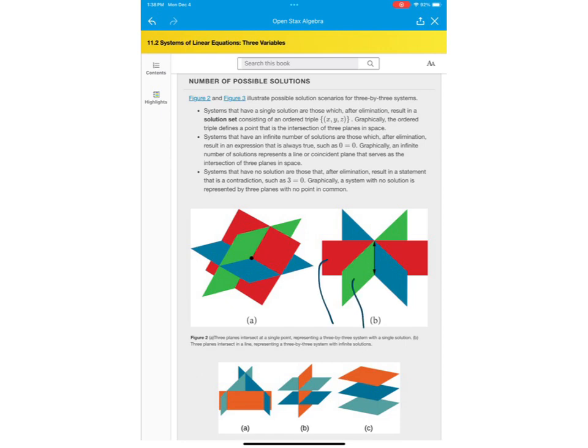If your planes never intersect, that's going to look more like option C down here. If only 2 of the planes intersect, that's going to look like option B. And if 2 of them intersect together and the other 2 intersect together but they never all 3 coincide, that's going to look like A. So you could find a place where maybe x and y are equal.